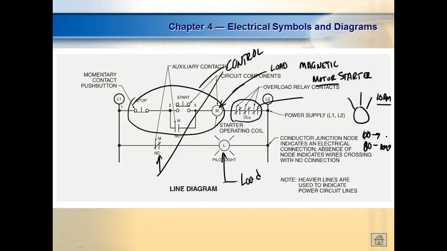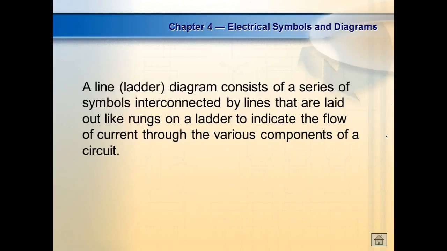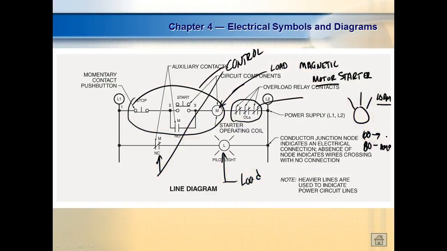Normally, 90% of the time we never have anything between the load and L2. The only thing that's allowed in between L2 and the relay coil is these things called overloads.